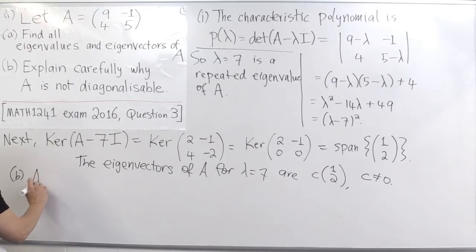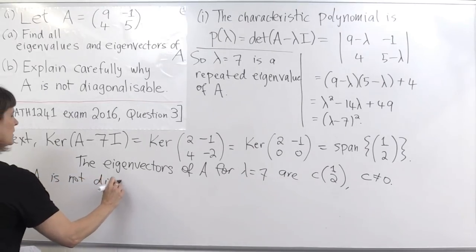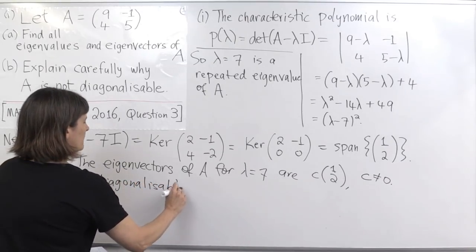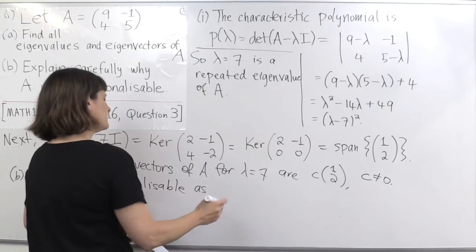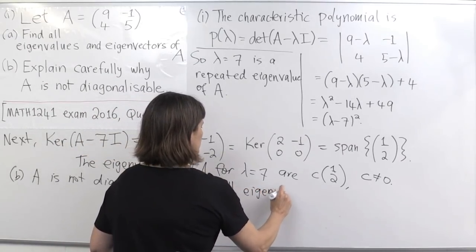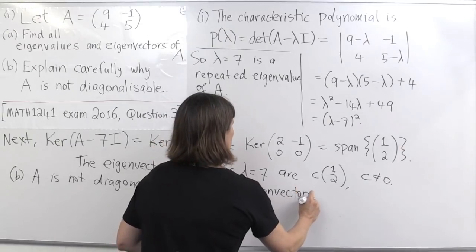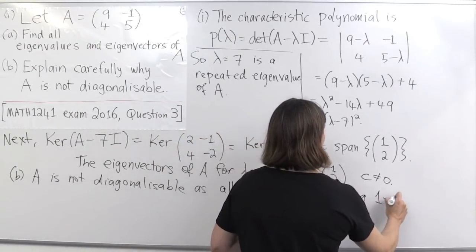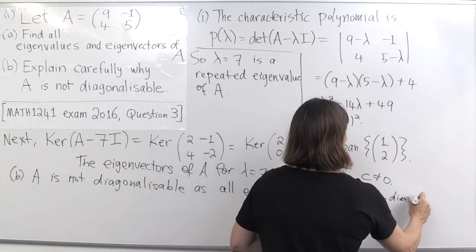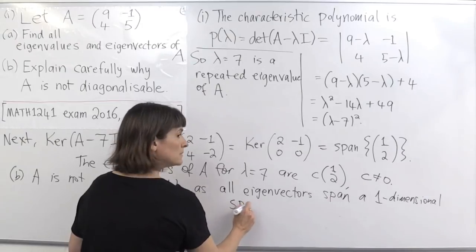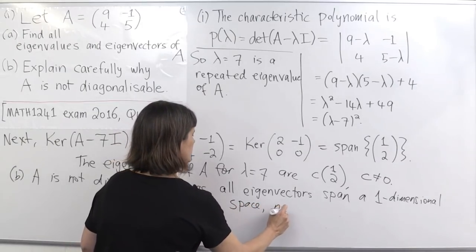A is not diagonalizable as all eigenvectors span a one-dimensional space, not R2.